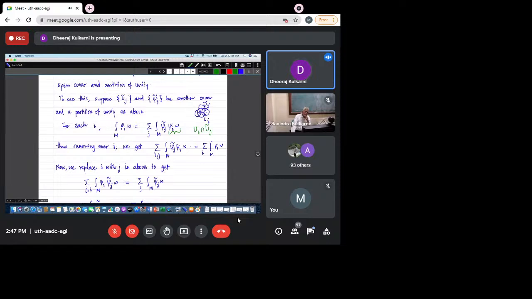Now this left hand side, if you sum it over i, you will get the following quantity: the summation over i of integrals of psi I omega is equal to this double sum over indices i, j of the n-form psi j tilde times psi I times omega.